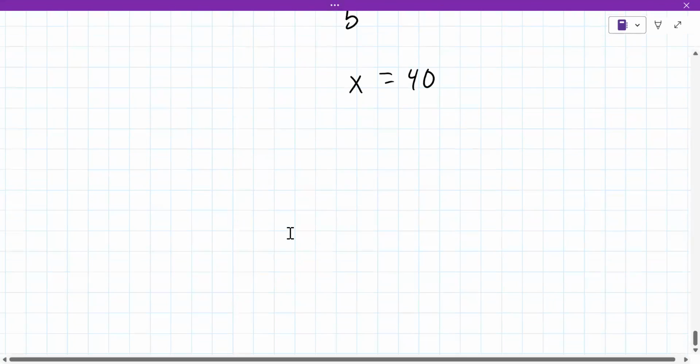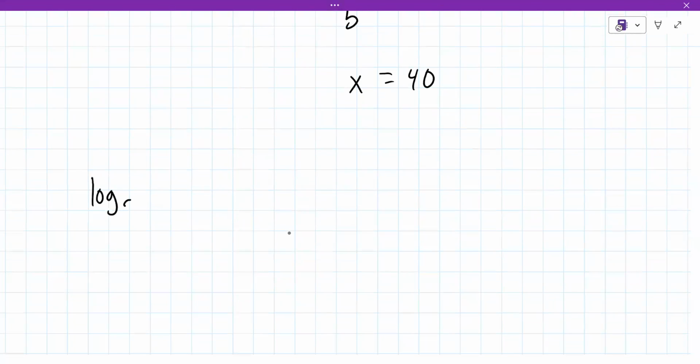Okay, let's try another one. Let's go log base 5 of x minus log base 5 of 4 equals 1.